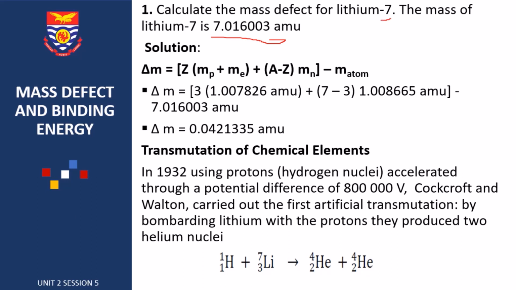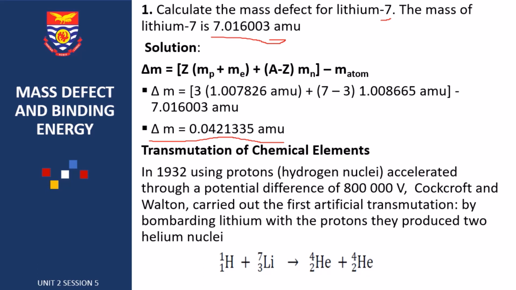We also know that the proton number is 3, and we've established earlier on the mass of a proton, the mass of an electron, and the mass of a neutron. So we substitute these values into the equation, and we get a mass defect of 0.0421335 atomic mass units.